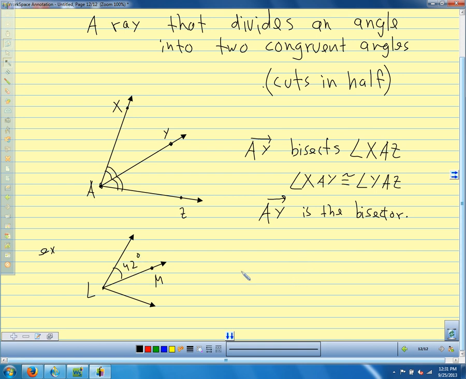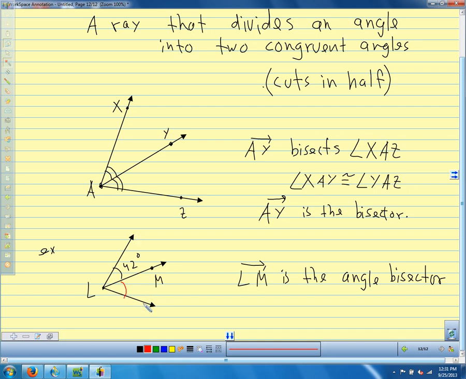So if LM is the angle bisector, what is the measure of the angle in red? Ray LM bisects the big angle.